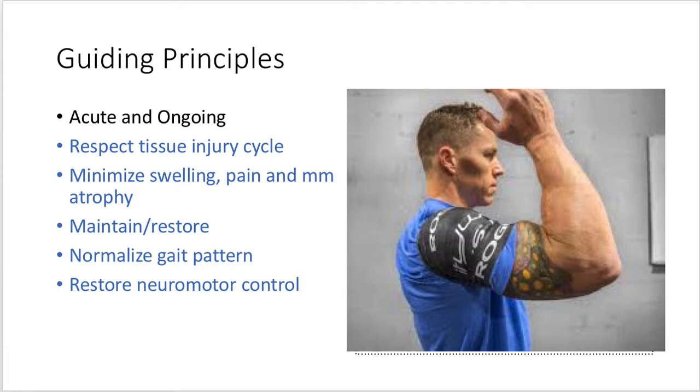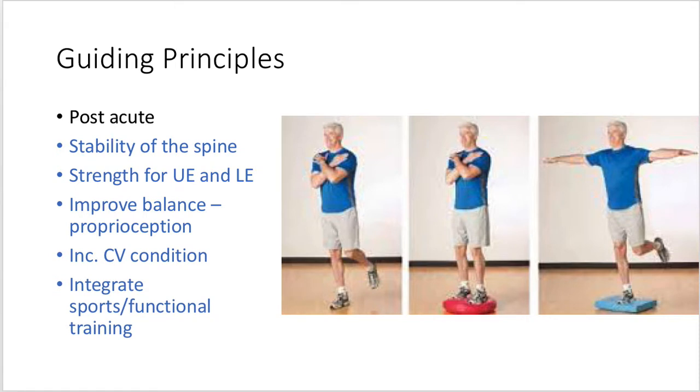There are times for that. If they're so severe and they're wincing and they need the support, then that's totally appropriate. But a lot of times we miss the boat with that because we're not even maintaining what they have. We're minimizing a lot of that. So keep coming back to that. Always look at the gait pattern. That might be a huge component to what's going on. And then look at how they control their movement and make sure you can address that.